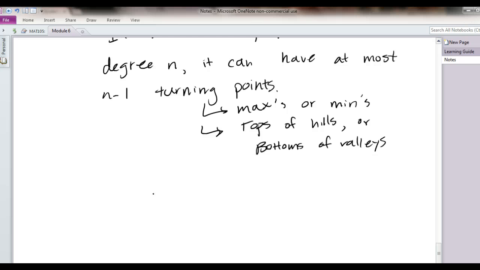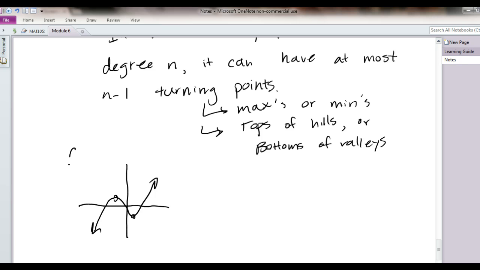This doesn't say it has exactly n minus 1 turning points, just that it can have that many. So there are some degree 3 graphs that might look like this. This would probably be a degree 3 polynomial with 2 turning points.